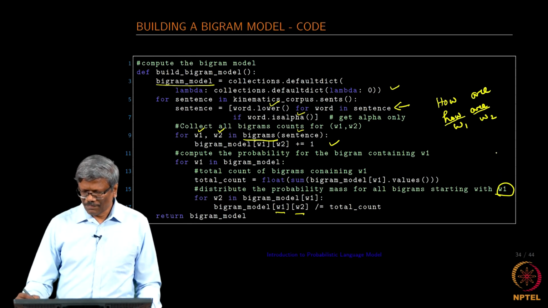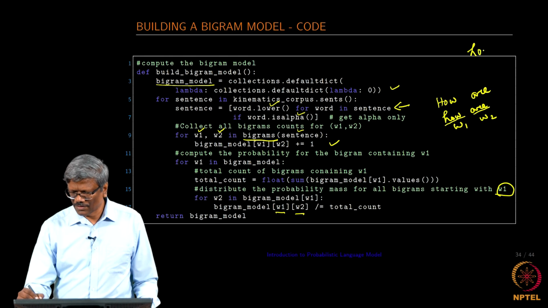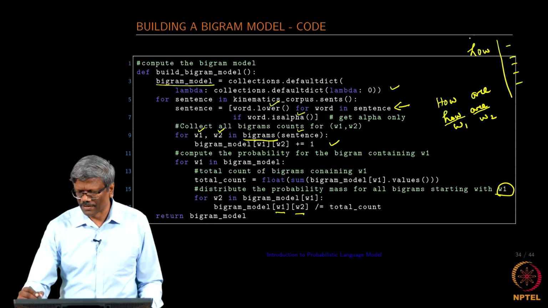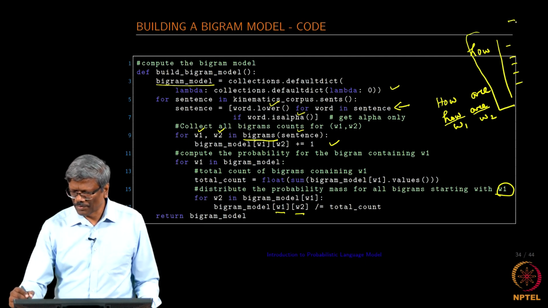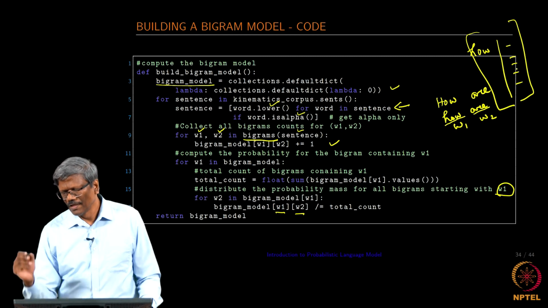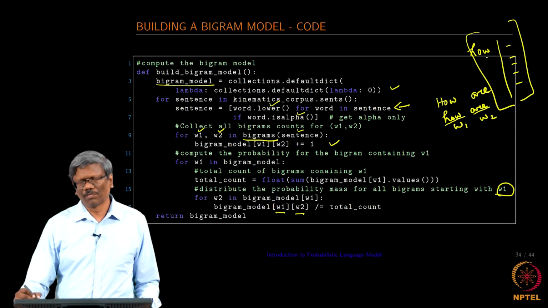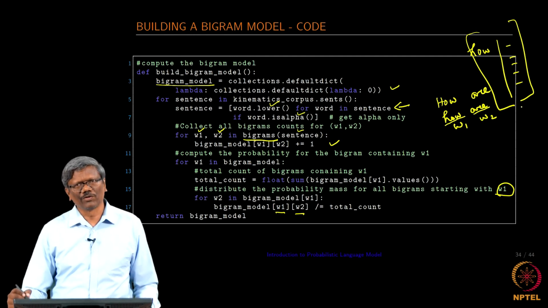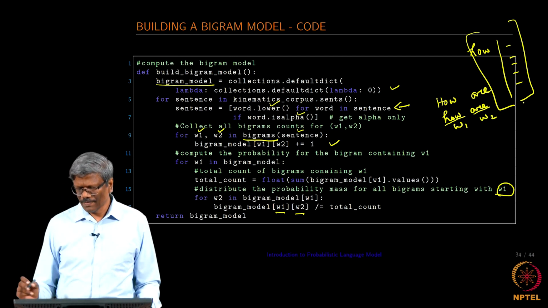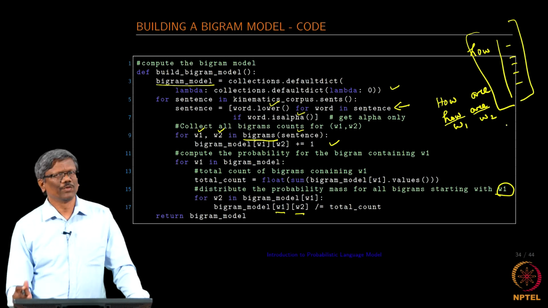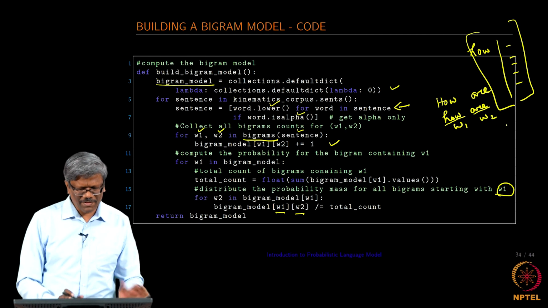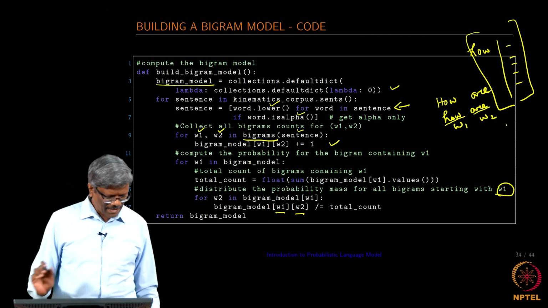For all those words that start with how, we distribute the probability mass. For example, if I have about 5 words that formed after how, I will have the probability mass distributed over all those 5 words. When you sum all of those, you will get the value equal to 1. This is how I construct the bigram model.